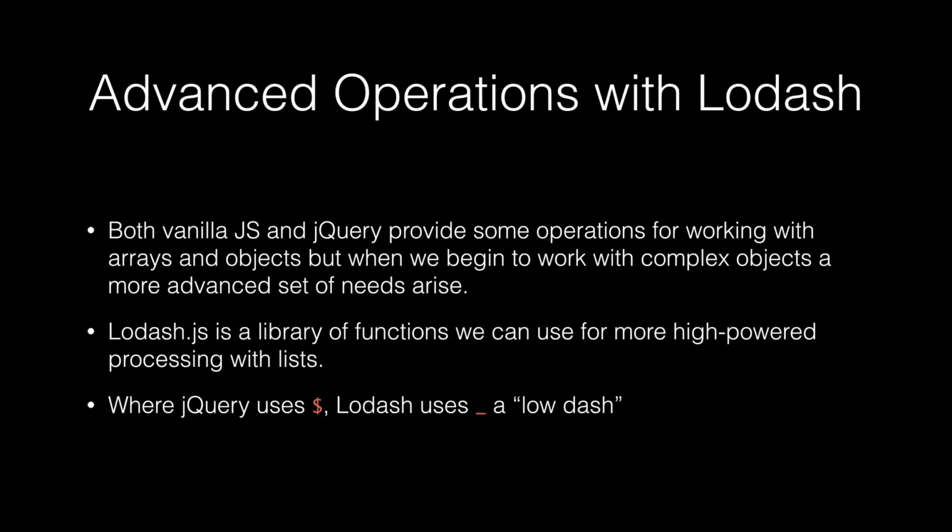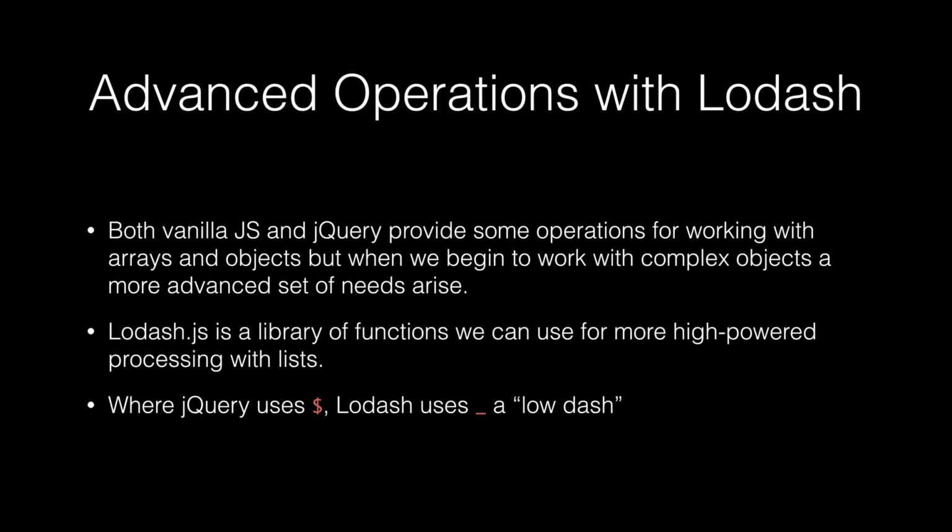So let's move on to talk about Lodash, particularly as we now get into working with collections. Remember, arrays that contain objects inside of them. We might need to be able to do a little bit more with those. So both vanilla JavaScript and jQuery provide some operations for working with arrays and objects. But when we begin to work with complex objects, a more advanced set of needs arise.